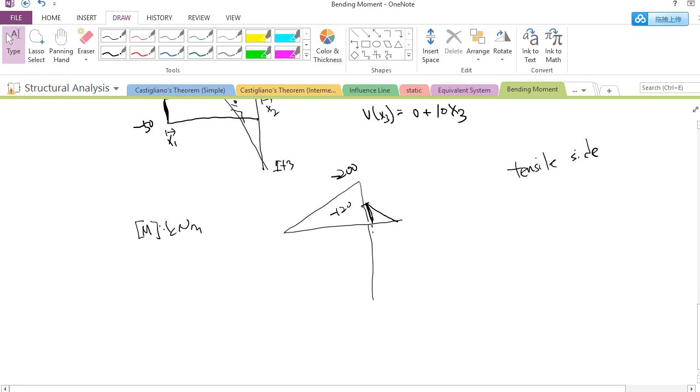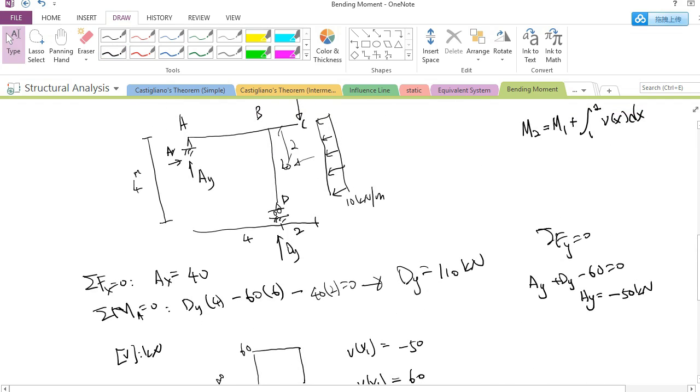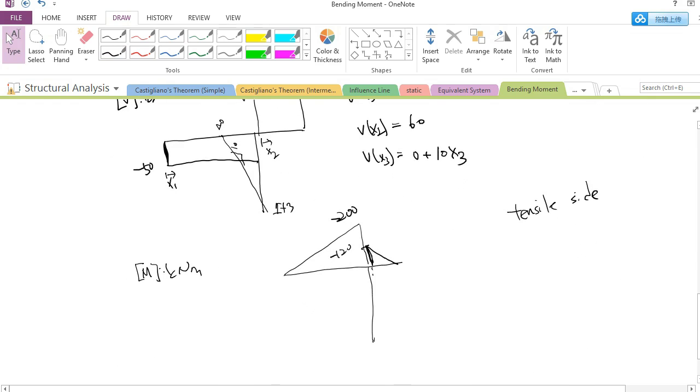And for this one, the bending moment is something like this, because the slope at the beginning of the shear force is 0.